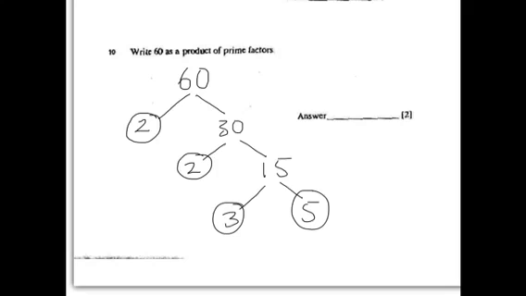Okay, it doesn't specify index notation this time, so I'm fine just to say that it's 2 times 2 times 3 times 5. Perfectly acceptable though to use index notation as well. So either answer there is perfectly acceptable.